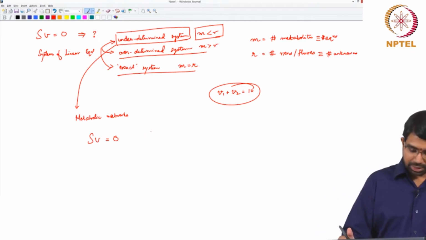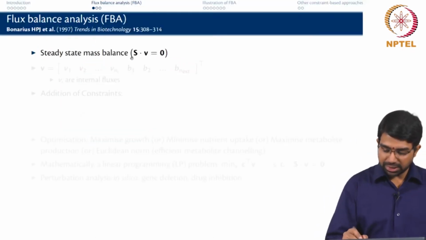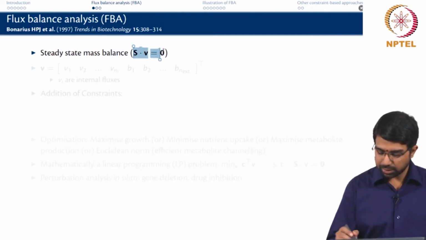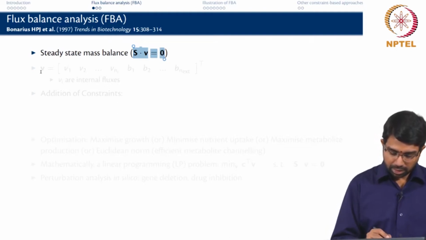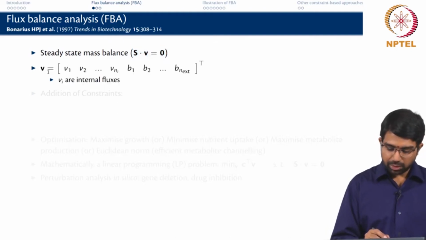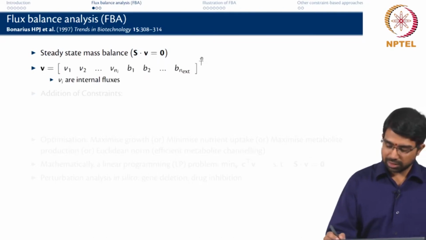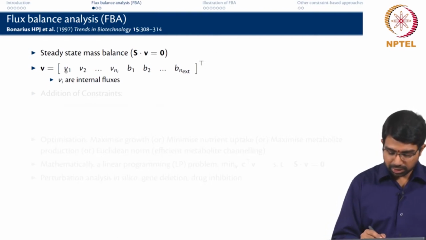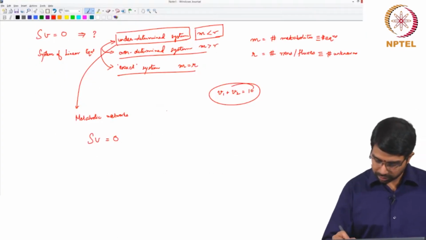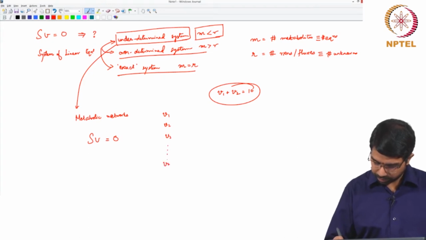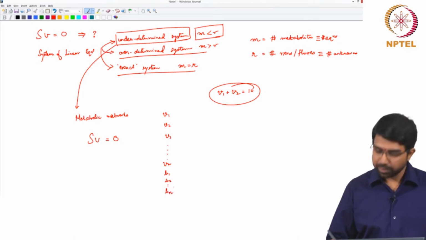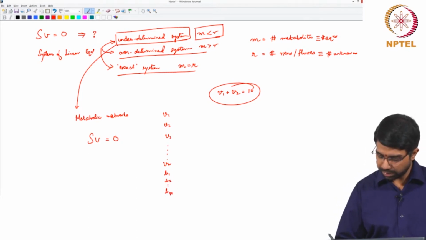So, let us just recap. We are looking at a steady state mass balance of SV equal to 0, right, and we want to look at what is V. V is the set of fluxes. I write it in a horizontal fashion with the transpose to save space on the slide. You can also think of external fluxes, so it will not be an N, it can be an M, right.